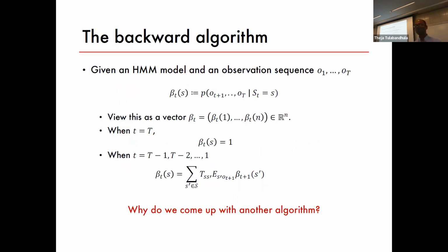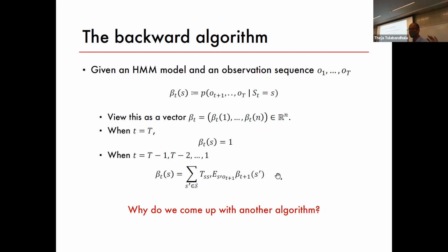So again, given that, why is it useful? Of course, you can just recurse, which was shown in the previous slide: beta t of s is related to beta t plus 1 of s prime. But if you can compute beta t of s in a recursive manner, you're saving computation.